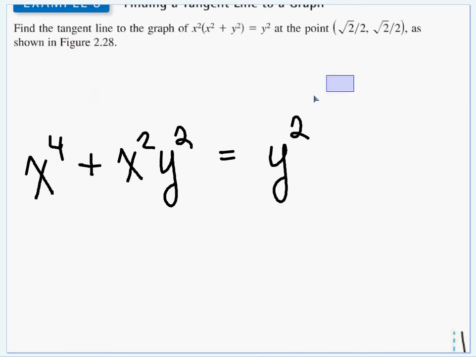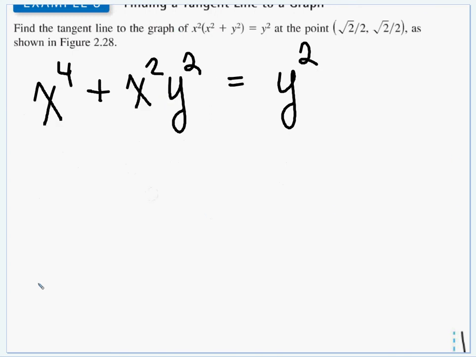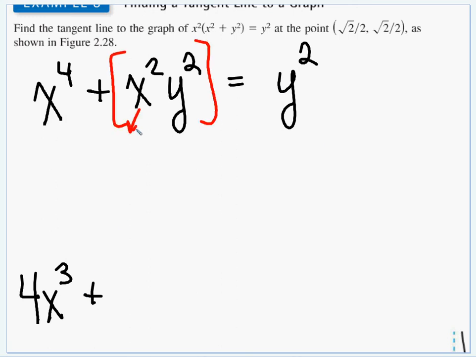Okay, let's start deriving. Remember, we are deriving with respect to x. First term is nice, easy. X to the fourth becomes a 4x cubed. Plus, here we're going to do a product rule where the derivative of the first thing is a 2x. The derivative of the second thing is a 2y dy dx, created by the chain rule.